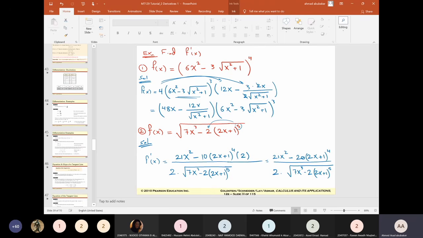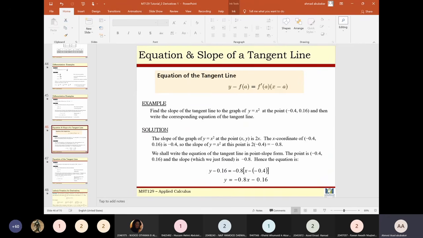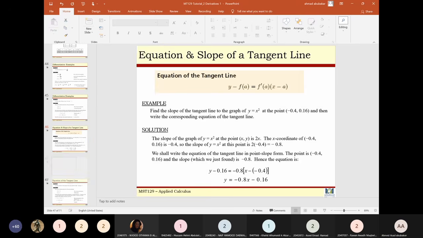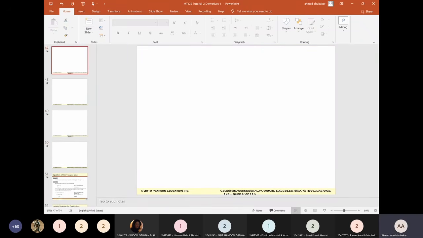Now we have the tangent line. The tangent line. What's the meaning of tangent line? Tangent line like this.